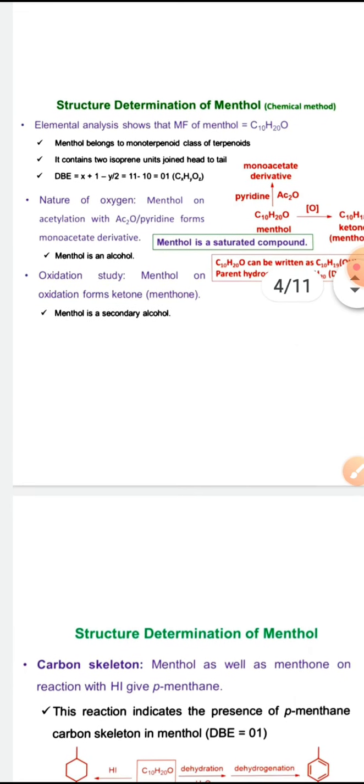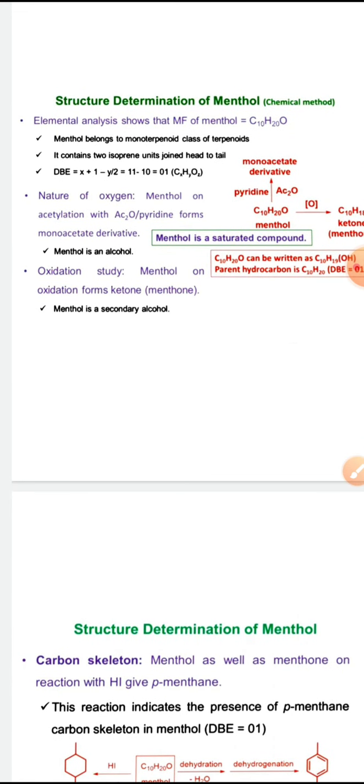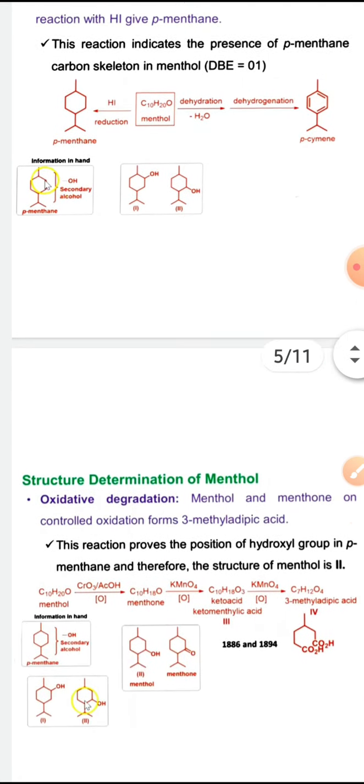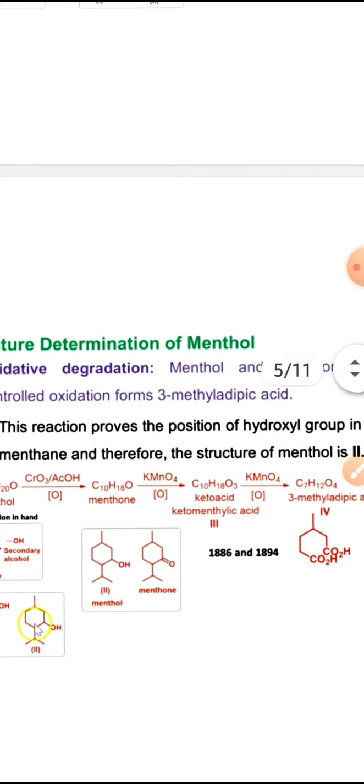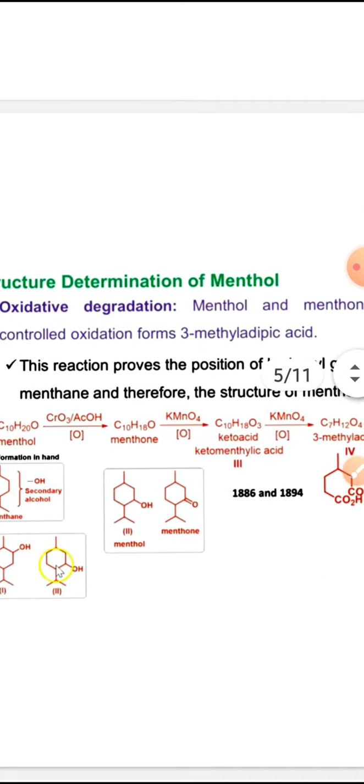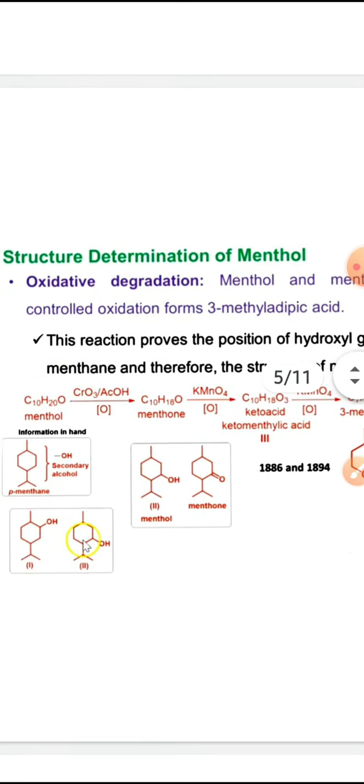Now we know that alcohols are of three types: primary, secondary, and tertiary. Then the question arises, what is its nature? It can be analyzed by its oxidative study. How does this oxidative degradation take place? Now we see the oxidative degradation of menthol.